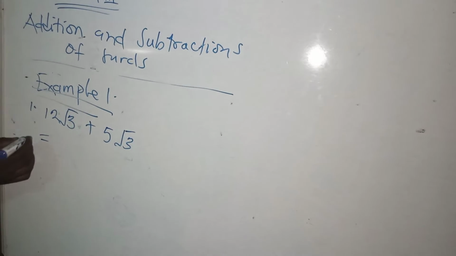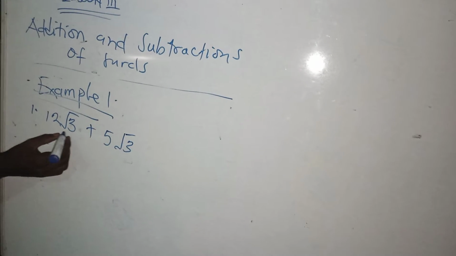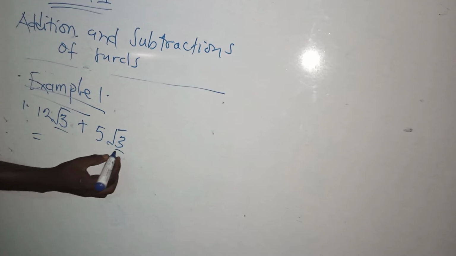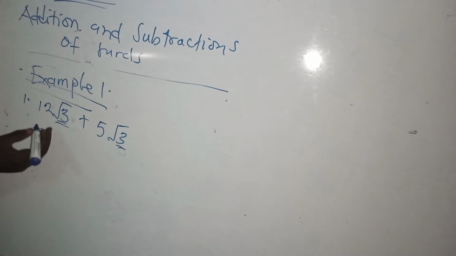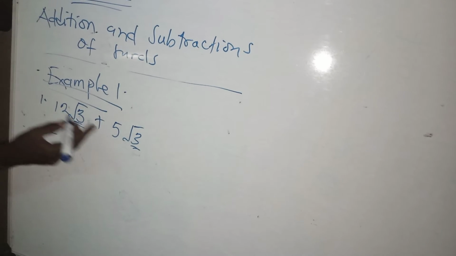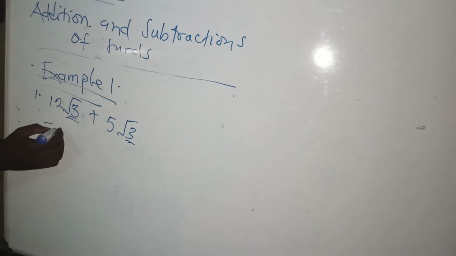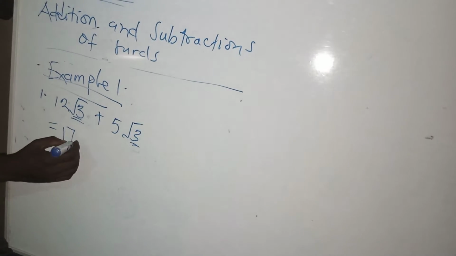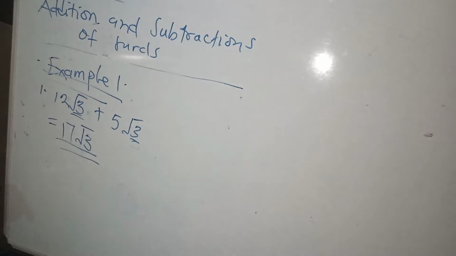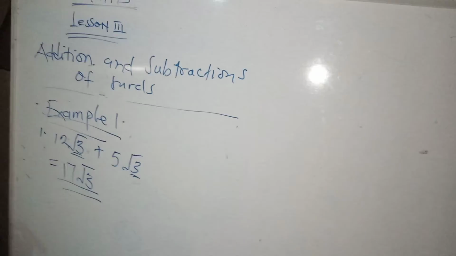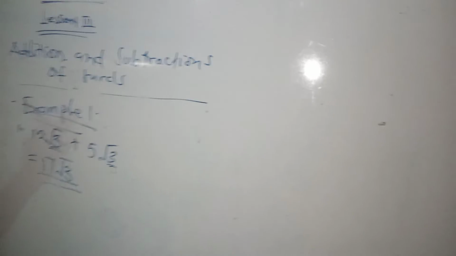This you can add, because the numbers under the root signs are the same. 12 plus 5, you get 17 root 3. And this is the answer.